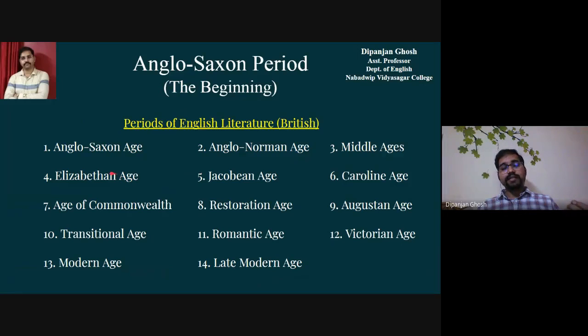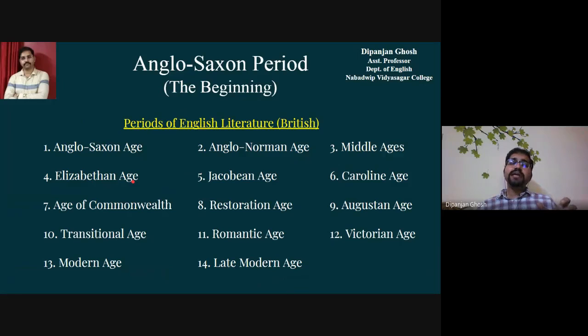Albert considers this period as from Chaucer to Spenser. So there you get the Elizabethan age, that is, from 1560.